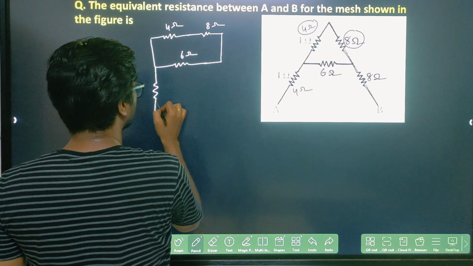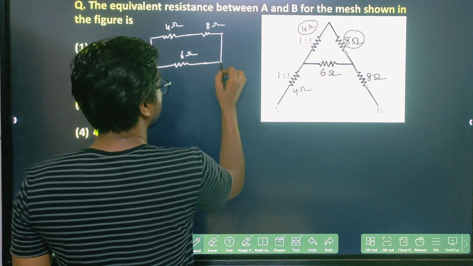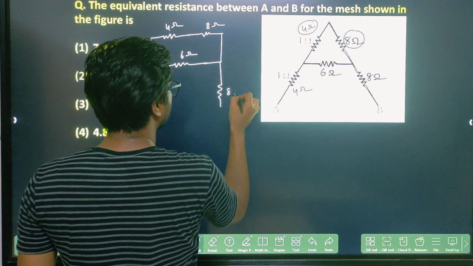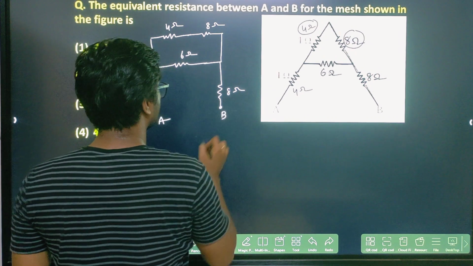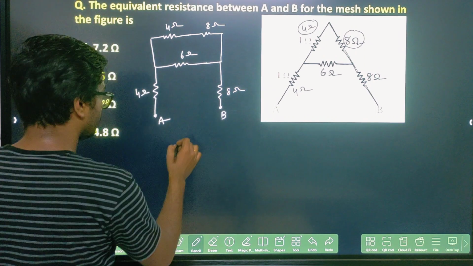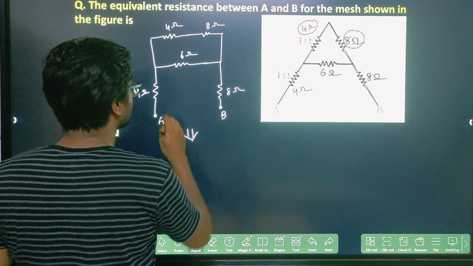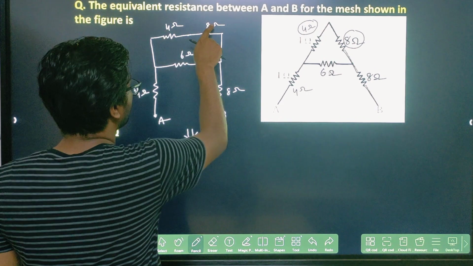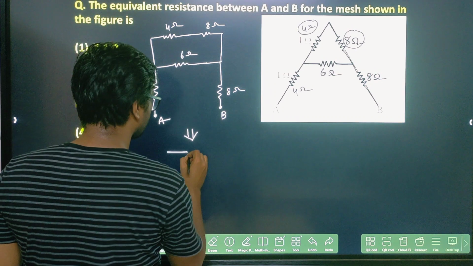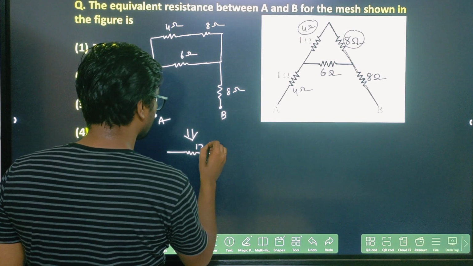This point is your A, this point is your B. This 4 ohm and 8 ohm are in series, so the equivalent will be 4 plus 8, which is 12 ohm.